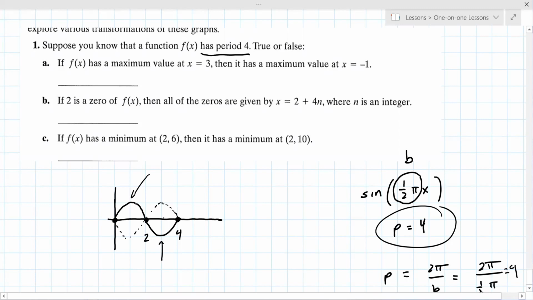So what's the difference between the solid line and the dashed line, because the period's the same? It has to do with out here in front. What is that? Negative. Okay, but the maximum would still be 1, right? Well, if it goes like this, the maximum is actually at 3.